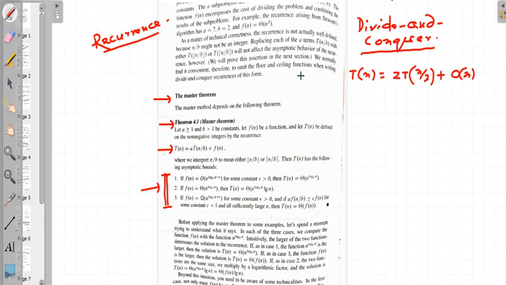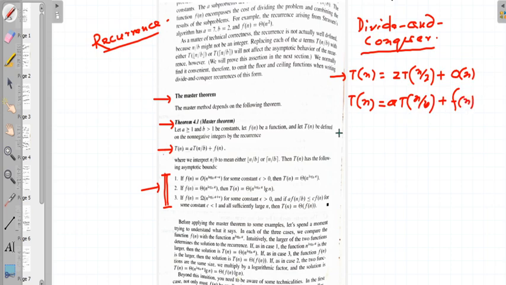But even if some recurrences are in this form, we may not be able to solve them using the master theorem. In what condition we won't be able to solve, we will see with an example also. The general form is T(n) equals a times T(n/b) plus f(n).